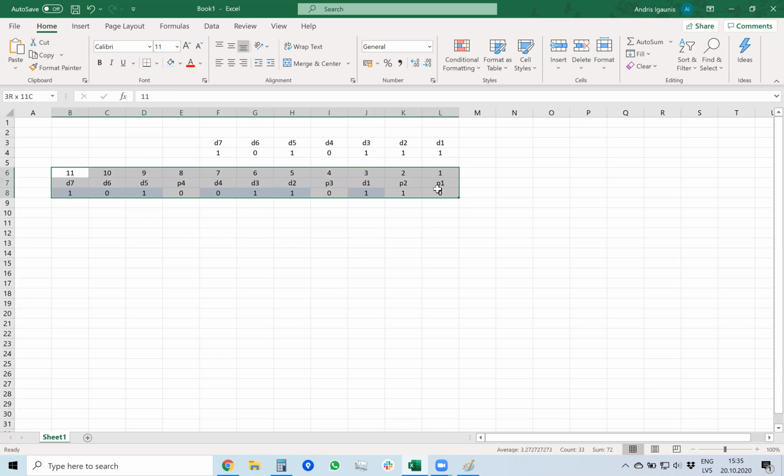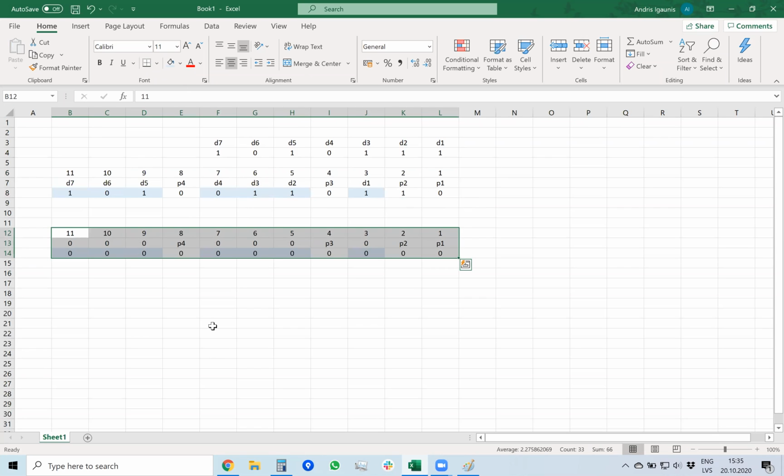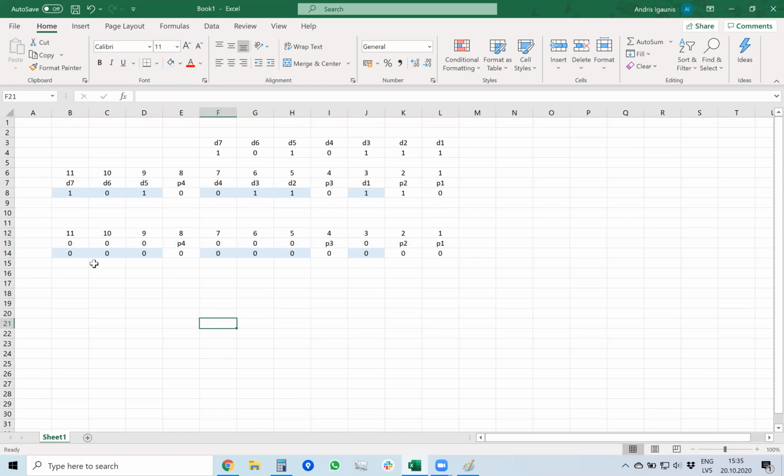So now I copy this message, and let's say that I'm going to swap some bits. So that it shows up correctly, parity bits will be calculated automatically. So let's see.